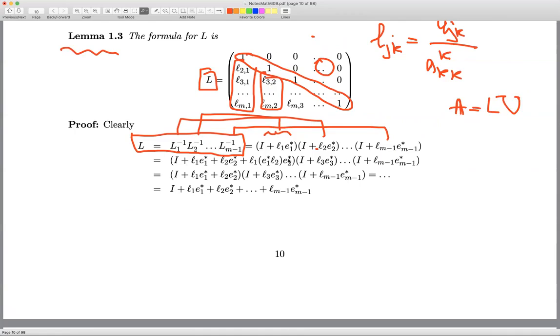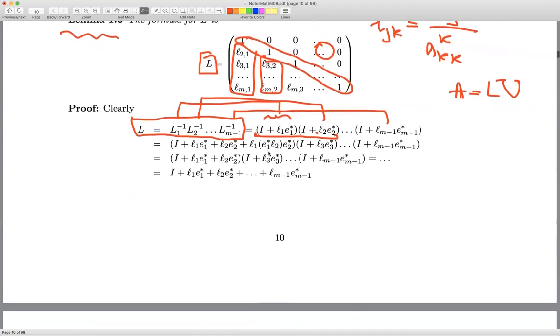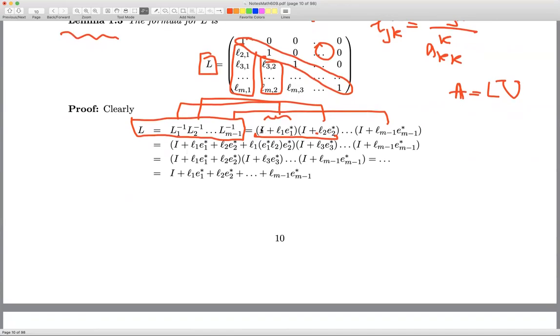So to do the proof, we will first prove this product here. We're not going to go into all the details, but we will just examine the product of the first two matrices. Again, this is the identity, because identity times identity is the identity.